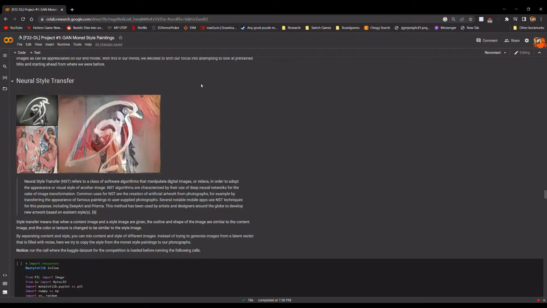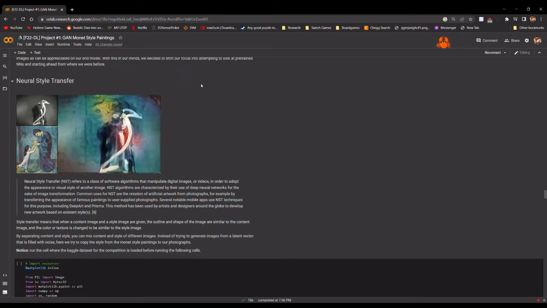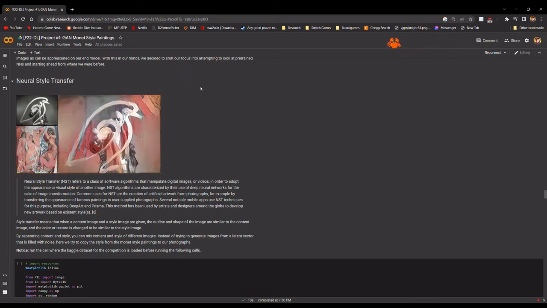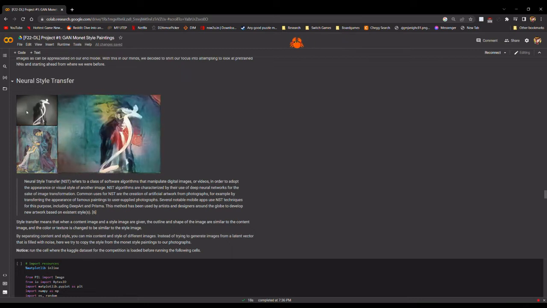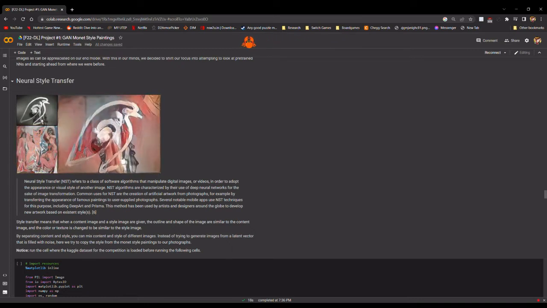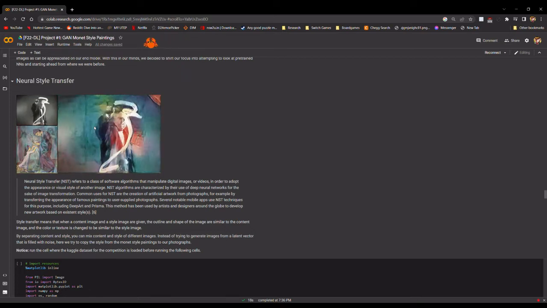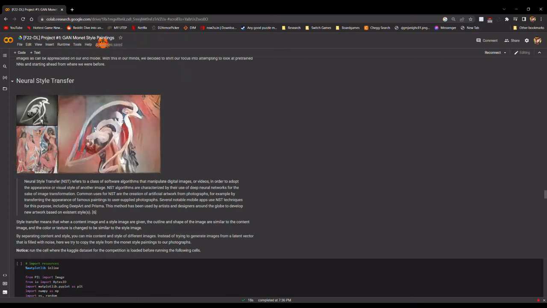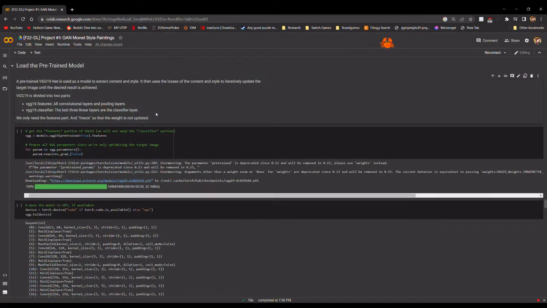Since we didn't obtain the desired results with the GAN model, we decided to move on to neural style transfer. This is a computer vision approach that combines two pictures, a content image and a style image, where the output image keeps the essential components of the content image while appearing to be painted in the style of the reference image aesthetic. To do this, we first load a pre-trained model to extract the features of the content image and the style image.